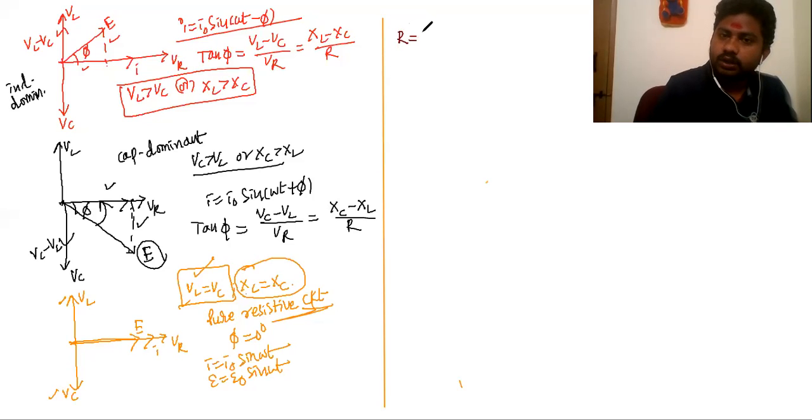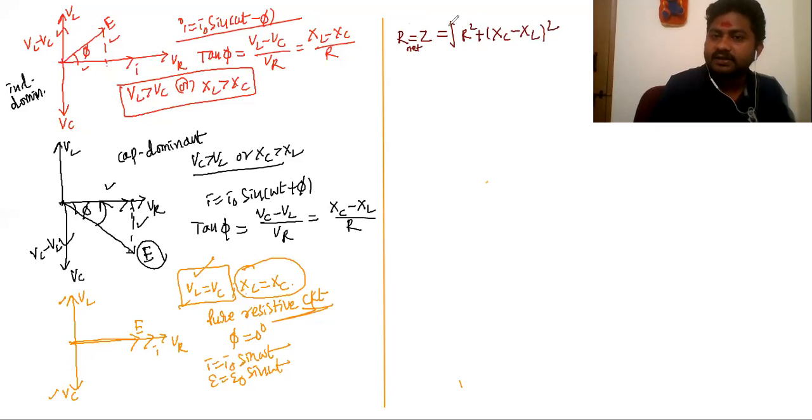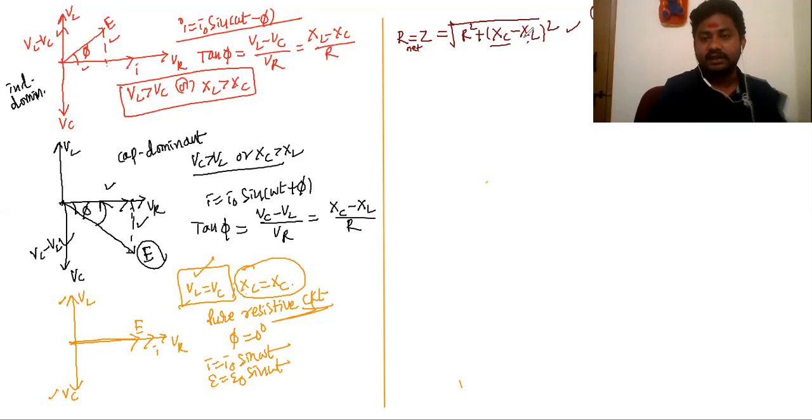Net resistance is what? Impedance. Understand? So this net resistance of the LCR circuit is called impedance. That is R square plus XC minus XL whole square, if it is capacitive dominant. If it is inductive dominant, XL minus XC. Here our assumption is XC is greater than XL, because otherwise we get a negative value.